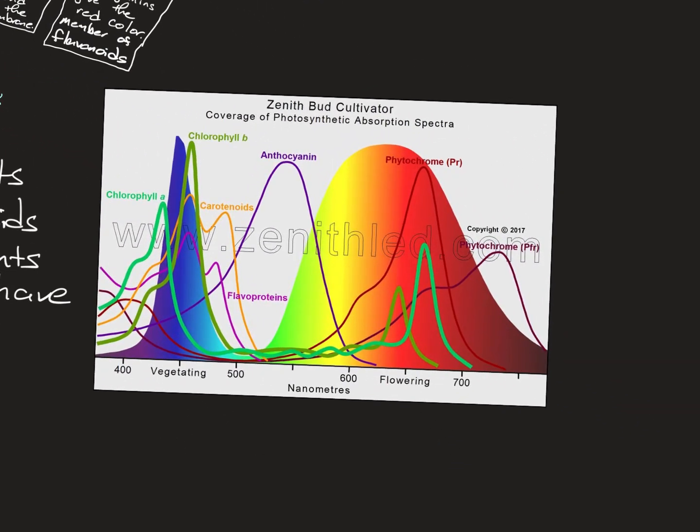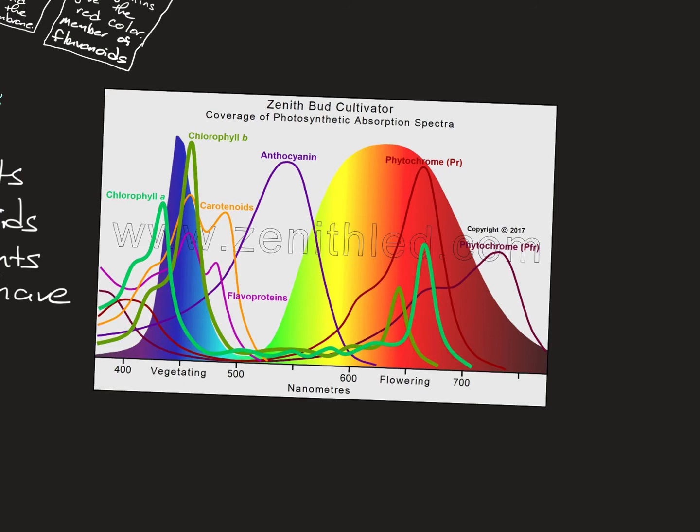When you look at all the different pigments that plants have, you can see that each pigment is going to absorb at a different wavelength, and if the objective is to try to collect as much light as possible in order to produce as much sugar as possible, one would think that the more of the various pigments that the plant has in order to capture the light, the more energy it could capture to produce the sugar.